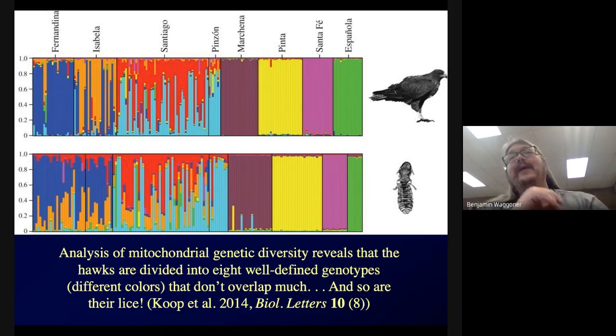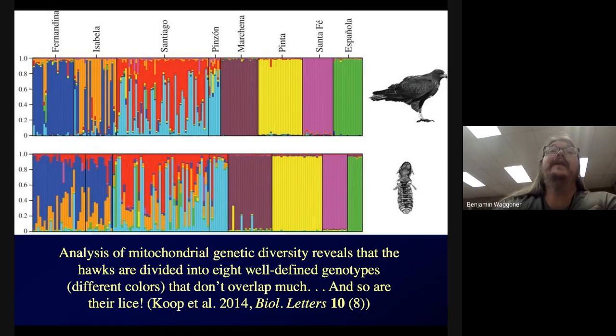What this is showing is that there's very little genetic exchange among the populations of Galapagos hawk on Marchena, Pinta, Santa Fe, and Española, those outer islands. Very rarely does a bird from any other island make it out there and bring in alleles that would be unique to the population on that other island. It happens very rarely.